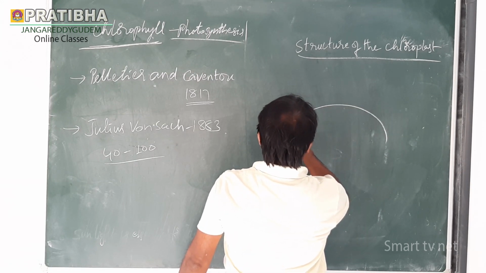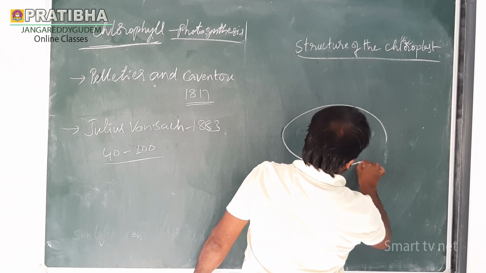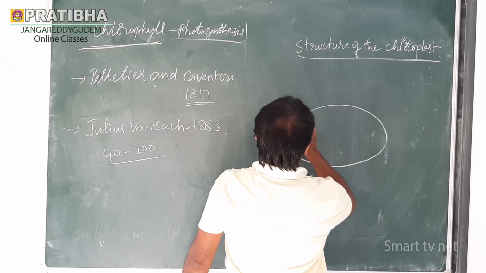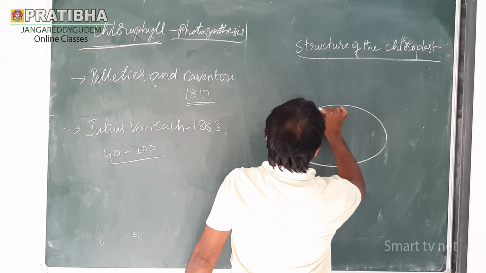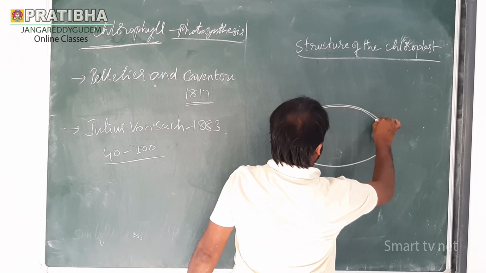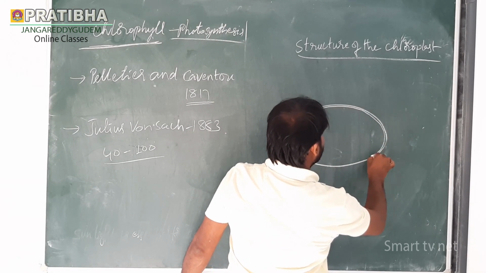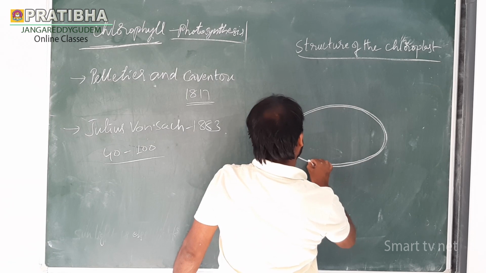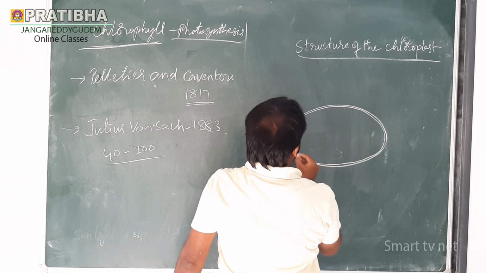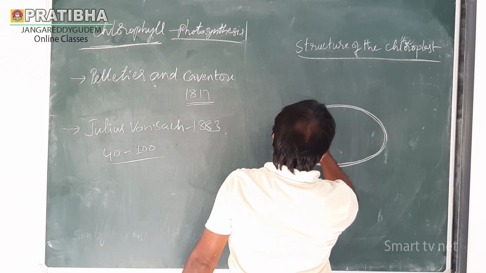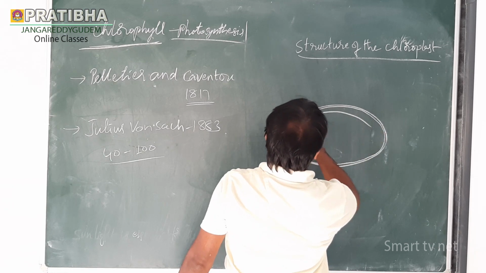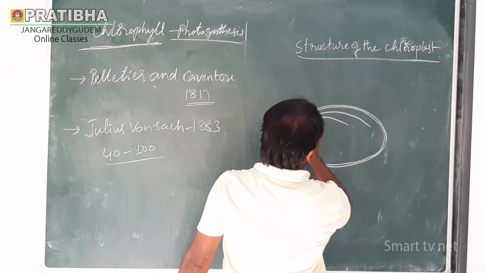The diagram is also very important. Chloroplast is an organelle only present in plant cells. These chloroplasts are absent in animal cells.